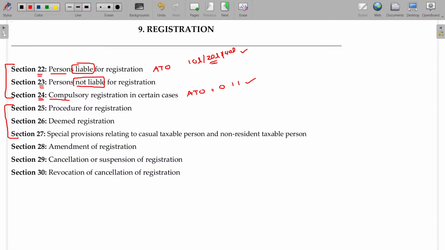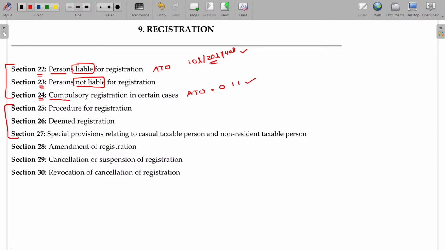So how can I register, sir, in a general scenario? You can register for your GST purpose under SGST as well as UTGST, wherever you are doing your business within the state. Once the registration is confirmed in the state, if you are doing the business in Tamil Nadu, you have to apply for registration only in Tamil Nadu state.